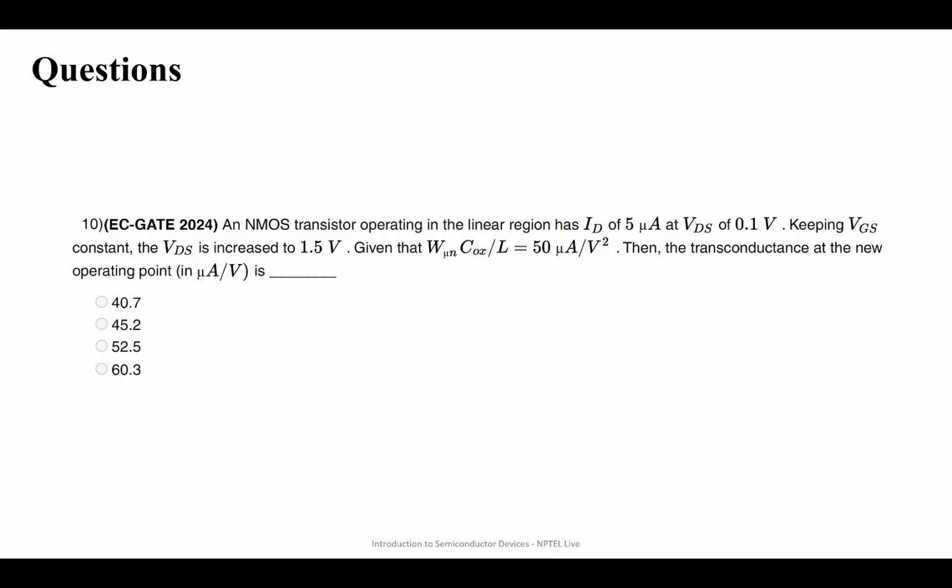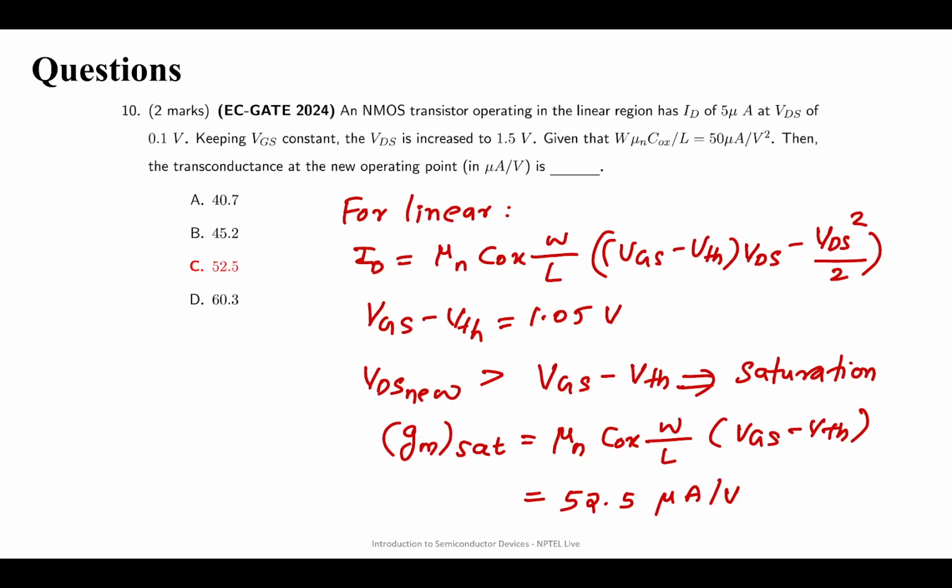Given that W mu n Cox by L equals 50 microamperes per volt square, then transconductance at the new operating point in microamperes per volt is 40.7, 45.2, 52.5, 60.3. So the answer comes out to 52.5.